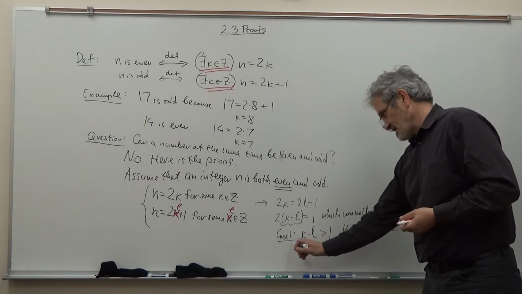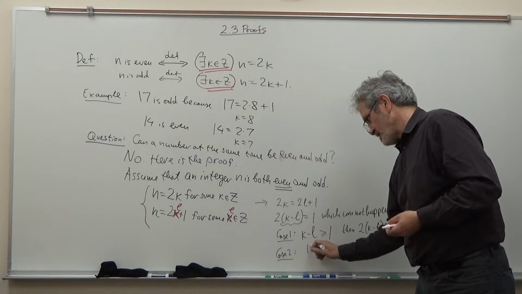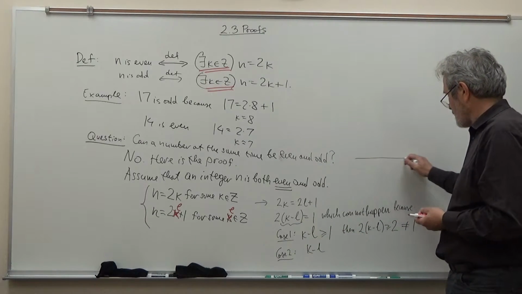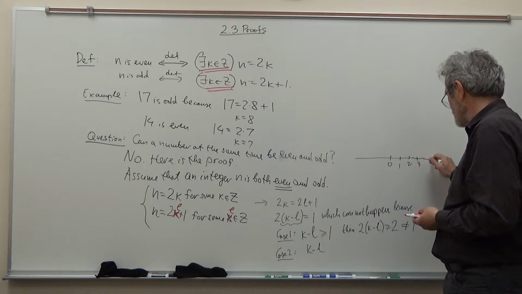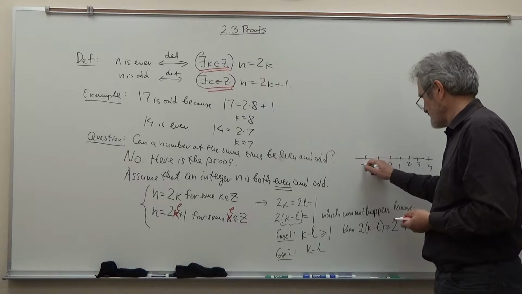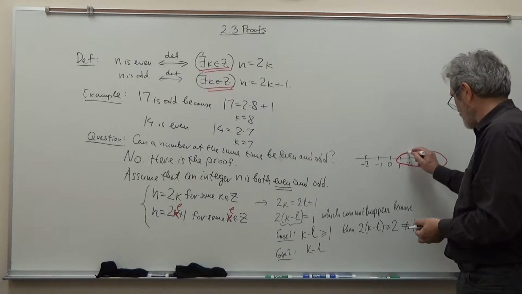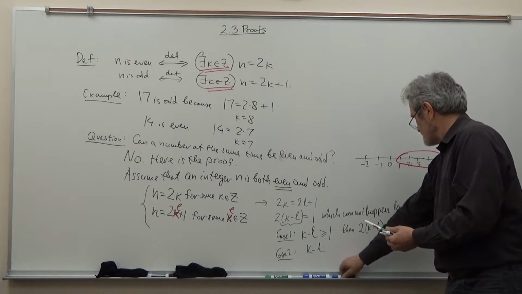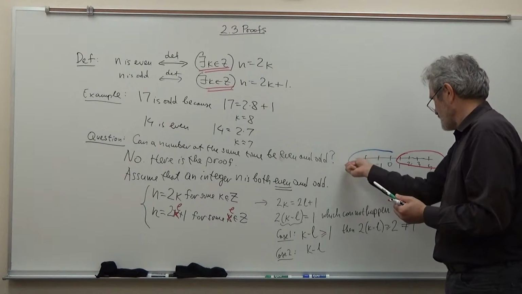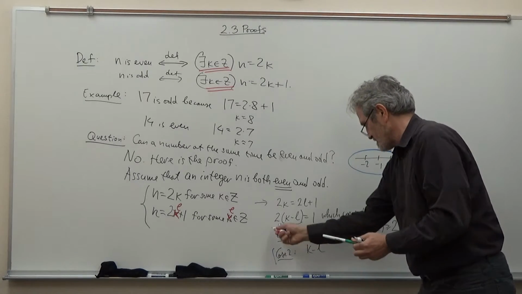But then, case 2. You know how numbers go: 0, 1, 2, 3, 4, negative 1, negative 2. So if you are not greater than or equal to 1, you are in the second territory, less than or equal to 0. That's the blue version, and the other was the red version.